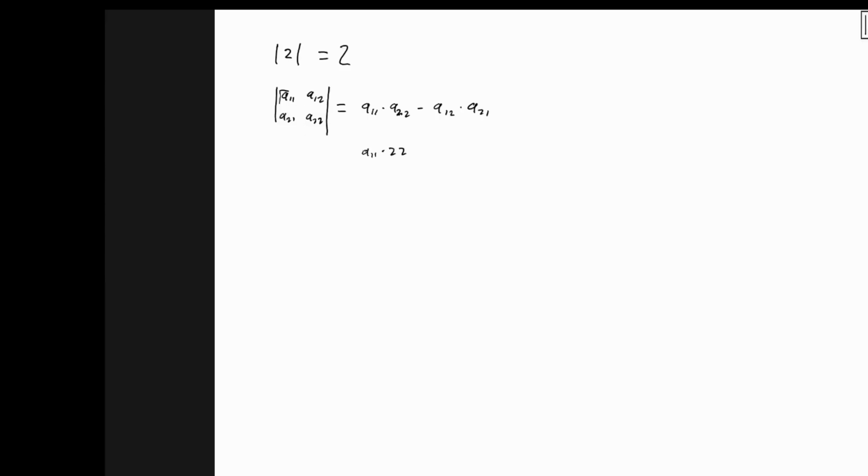Then we'll do the same thing going to the next thing in the first row, A1,2. If I cross out the row and column that includes A1,2, I'm left with A2,1, and I'm going to subtract A1,2, the row and column that I'm picking and removing, times the remainder, A2,1. And this is the basic idea we're going to be doing.